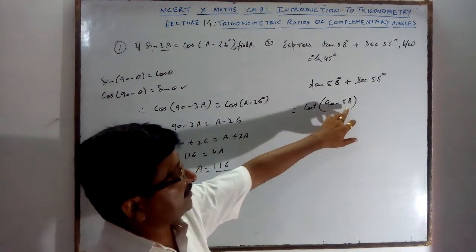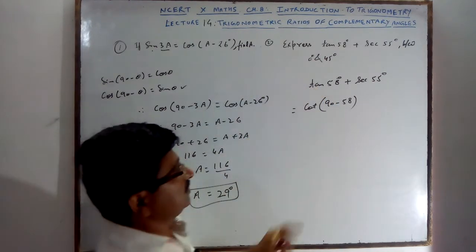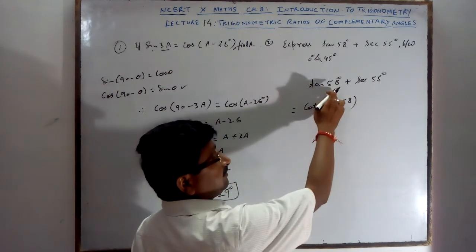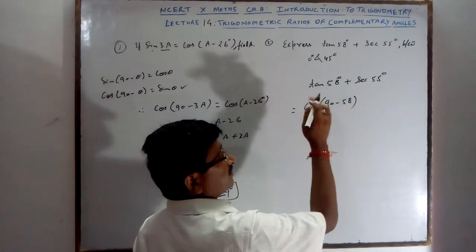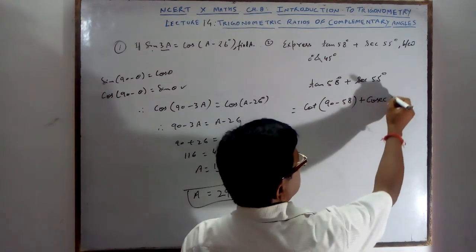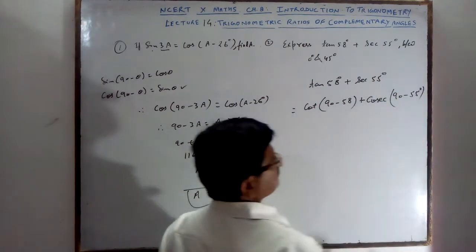Cot(90 minus 58) is tan 58, or not? It is a formula. When you change the trigonometric ratio name, the angle will be subtracted from 90. Here you write plus cosec, and 55 will also be subtracted from 90.